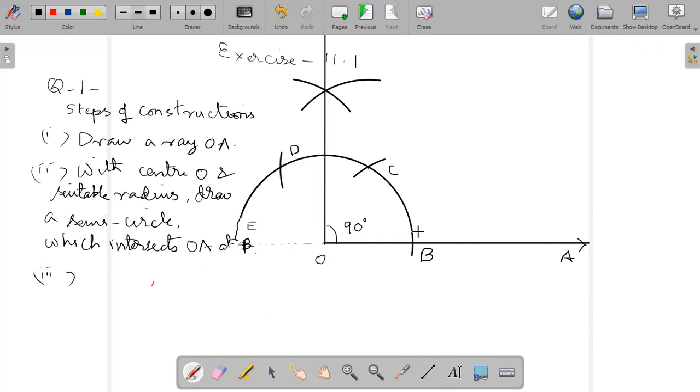Or you can say that with center B and same radius, draw an arc, cutting the previous arc at C, and the next step with center C and the same radius as in the previous step, draw another arc which cuts the previous arc at D, and with centers C and D, draw two arcs which will intersect each other at F, and join OF.